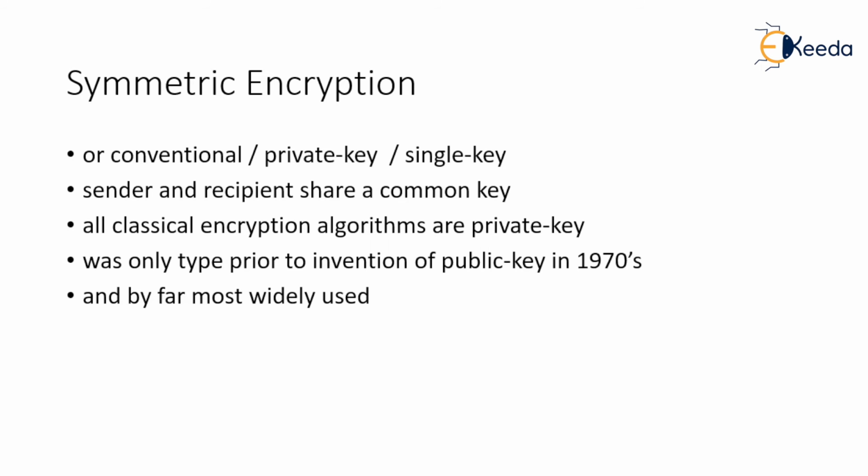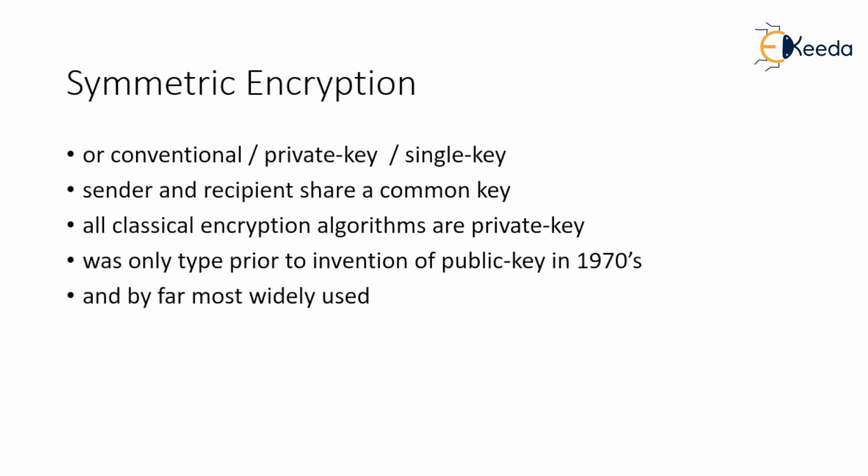Symmetric encryption can be considered as a conventional type of encryption which takes place with the help of a private key. And for this type of symmetric encryption, we use only one key. We use only a single key. That means the sender and the receiver both use the single key for the encryption and the decryption purpose.